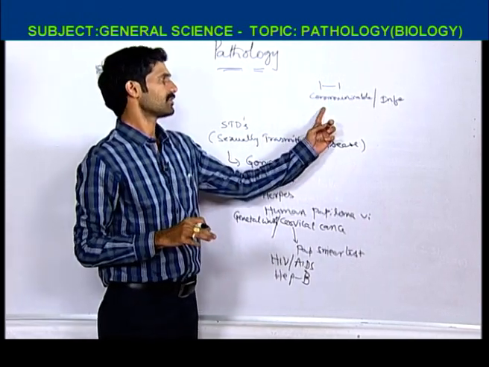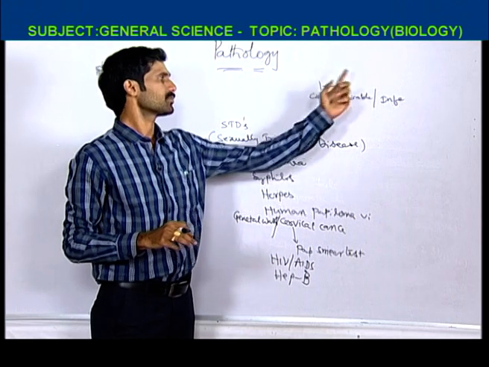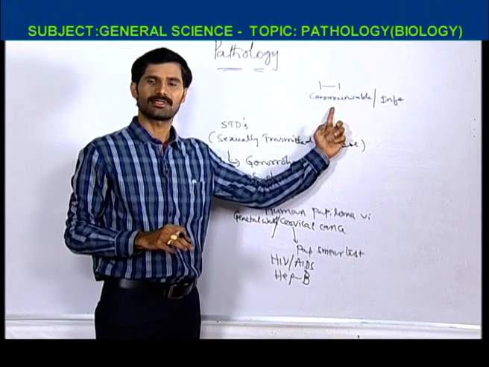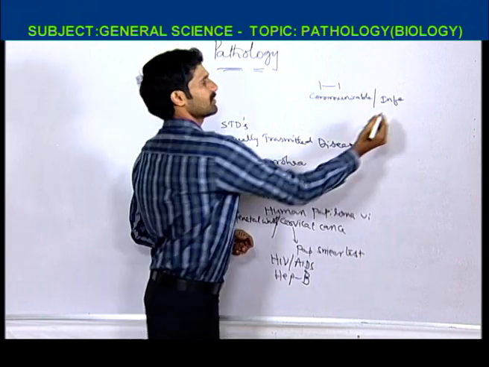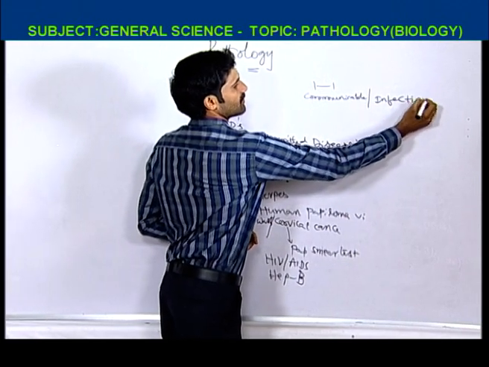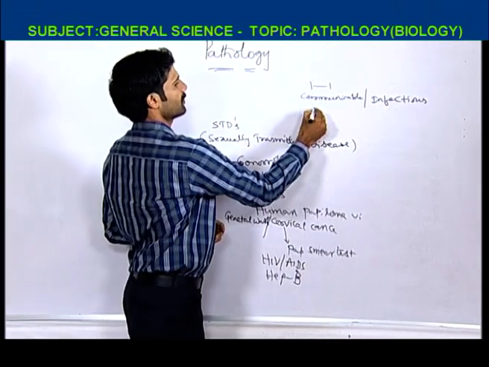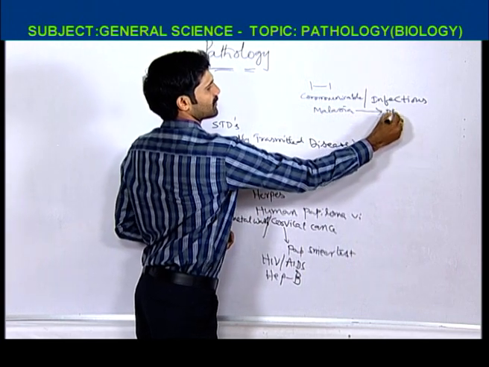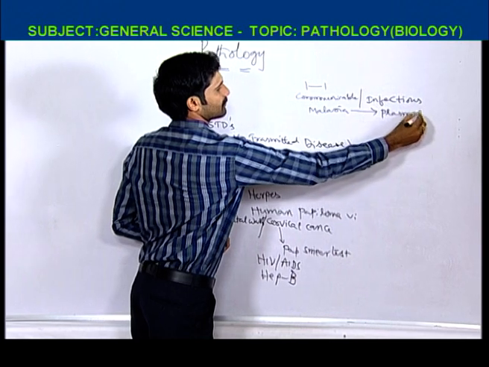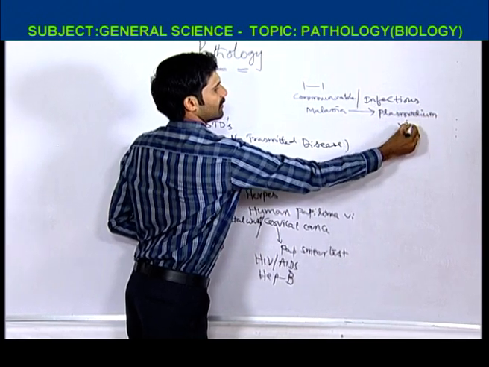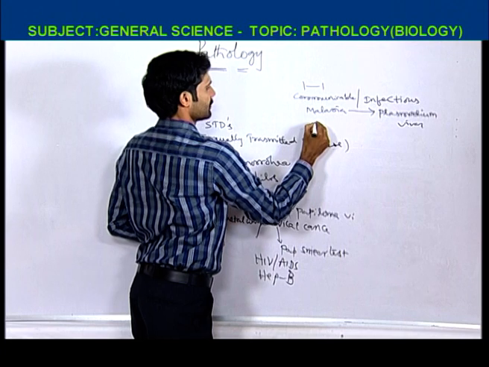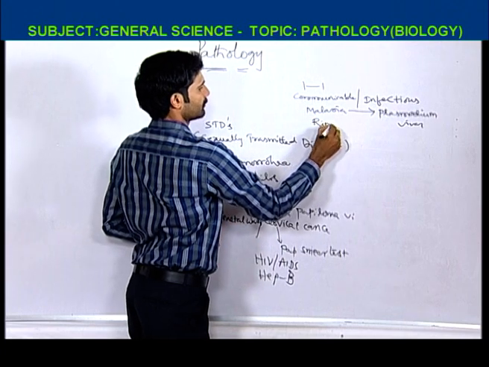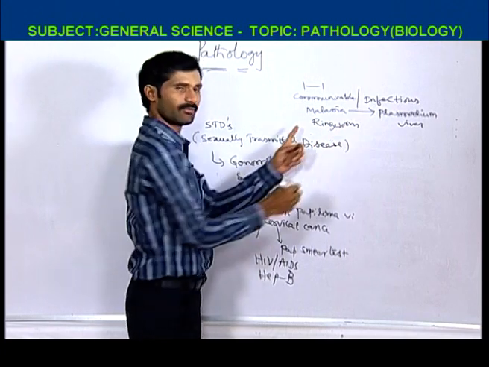The diseases which are transmitted from one person to another are called communicable or infectious diseases. For example, malaria caused by Plasmodium vivax. Next, ringworm, a fungal disease.